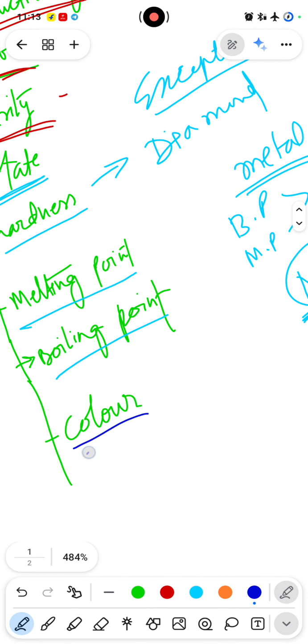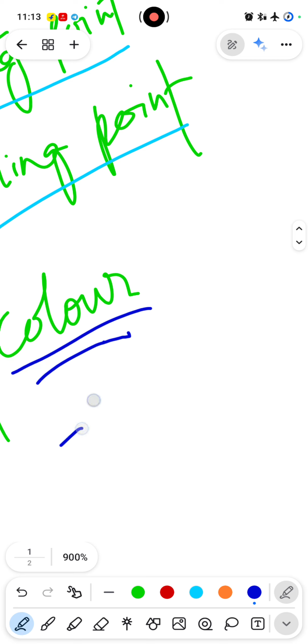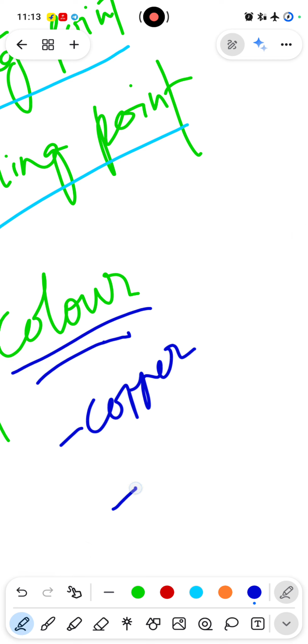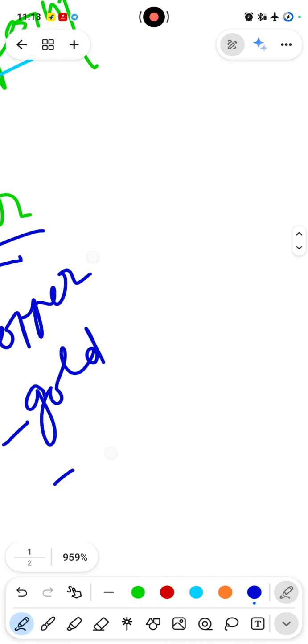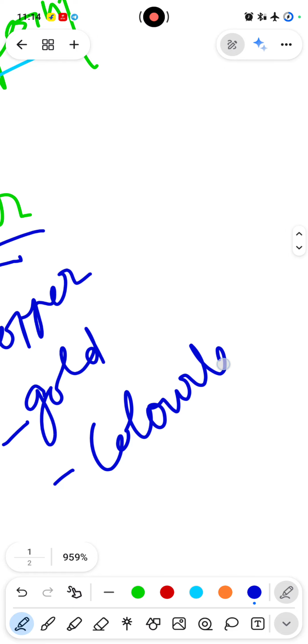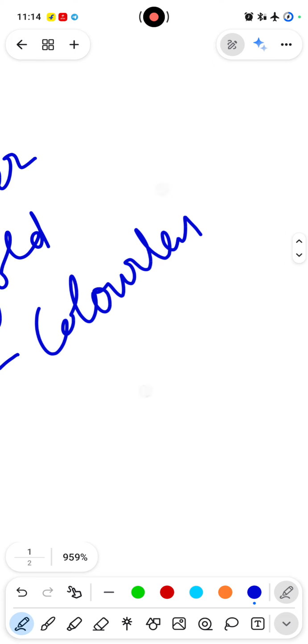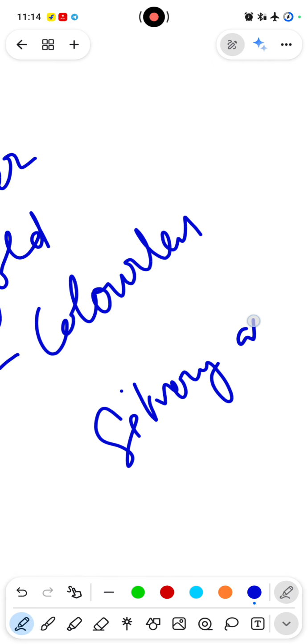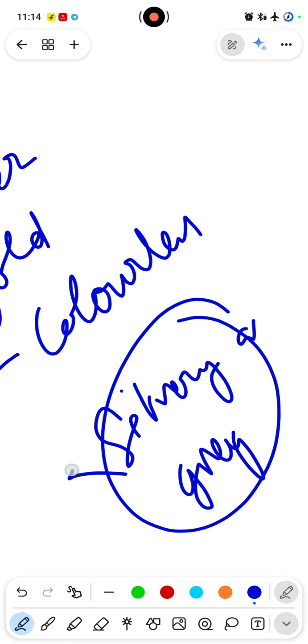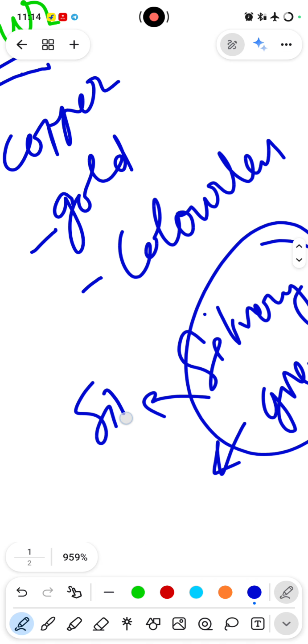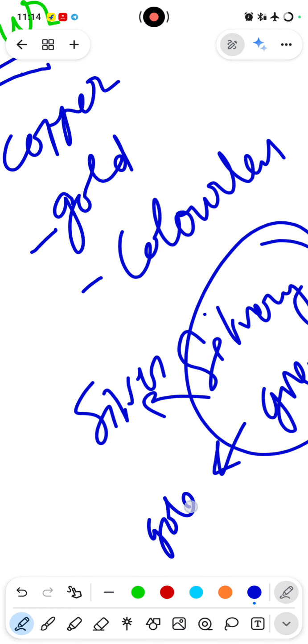Then we have color. All metals and non-metals are of different colors. Some may be reddish brown, for example copper is reddish brown. Gold is yellow, some may be colorless, or some may have a silvery or gray color, as silver.